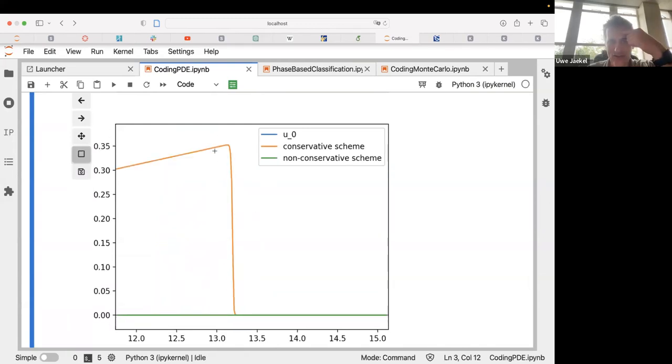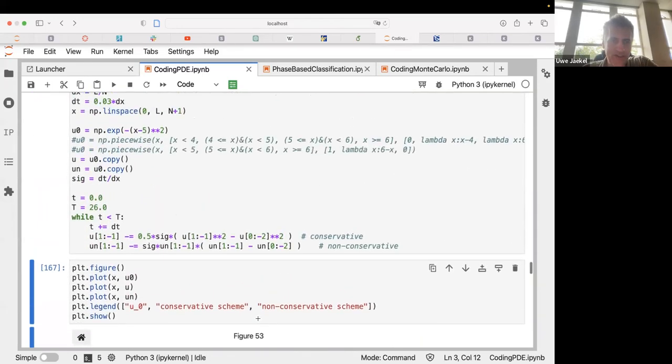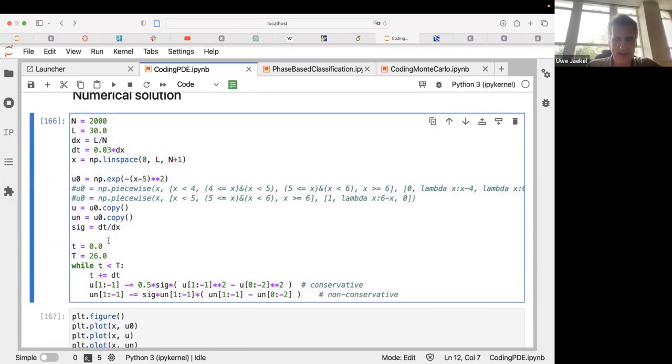There is a bit of numerical diffusion. Why is there a bit of numerical diffusion? Because we cannot guarantee that sigma is, in a way, the transport velocity times dt over dx.